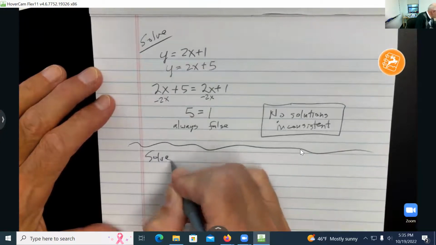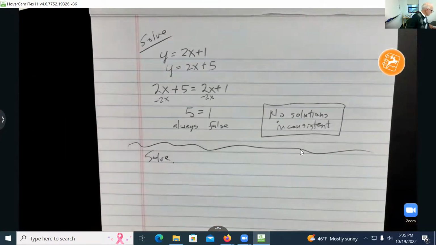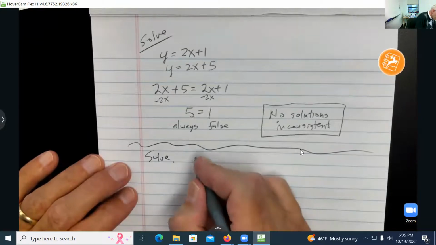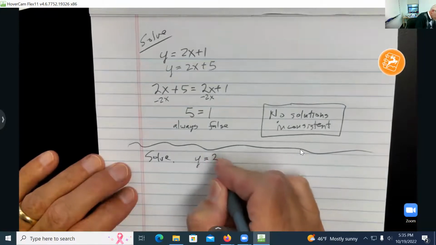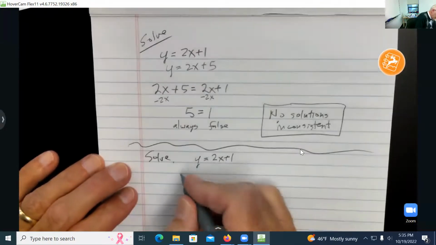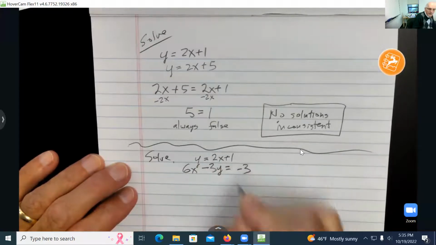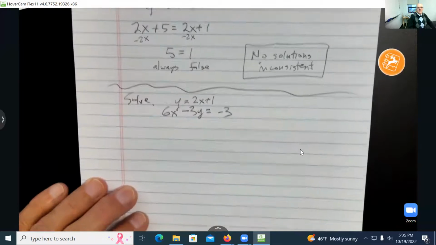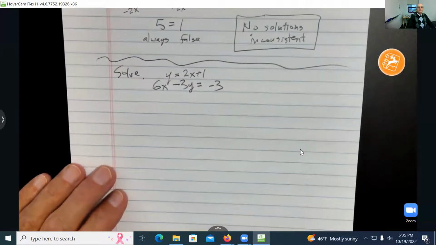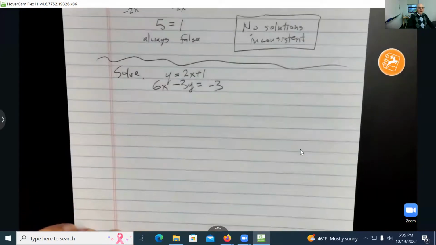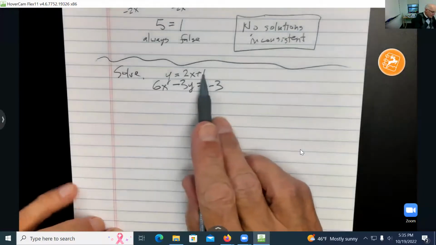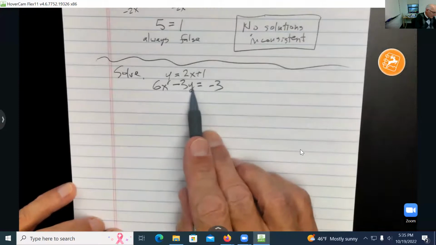Let's write down this next example. y equals 2x plus 1, and 6x minus 3y is equal to negative 3. This is my next example. And I'm going to use substitution again. I'm going to be substituting 2x plus 1 into the y position.